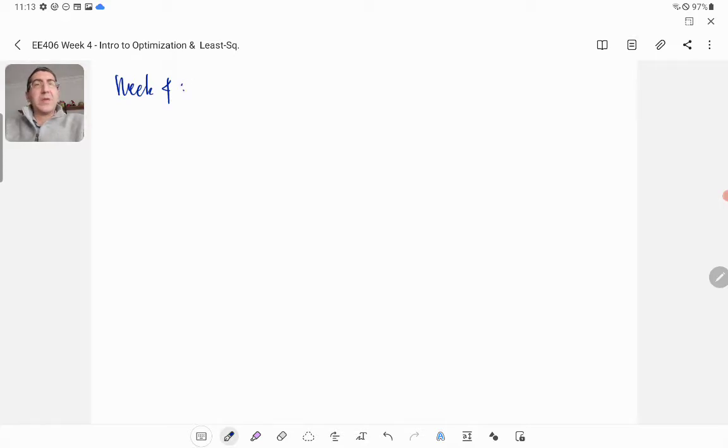And we will start with essentially an introduction to optimization and also something called least squares and linear least squares, which is related with optimization, okay?